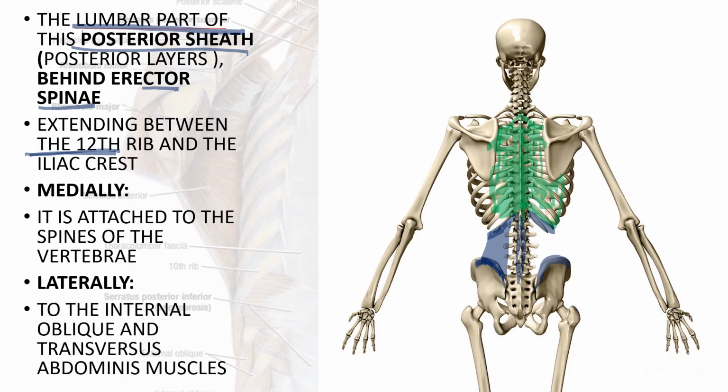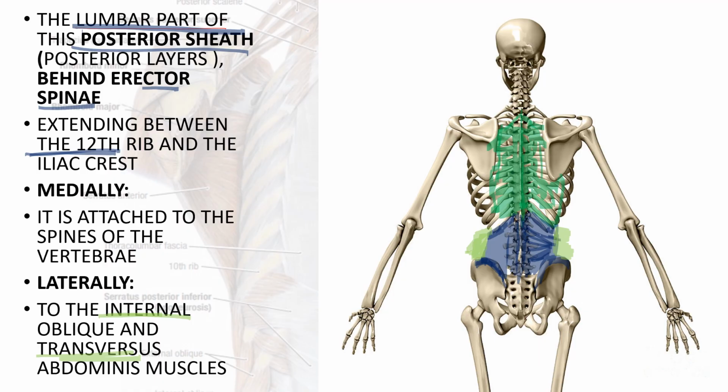Laterally, students, there is no bony attachment; you can appreciate that laterally we don't have any bone for it to attach to. So it will insert in the muscles or in the fascia of the muscles of the abdomen. We know the abdominal muscles are external oblique, internal oblique and transversus abdominis. The deep ones are internal oblique and transversus abdominis. So this will attach to the transversus abdominis and internal oblique.